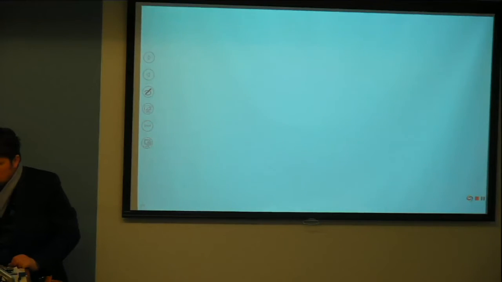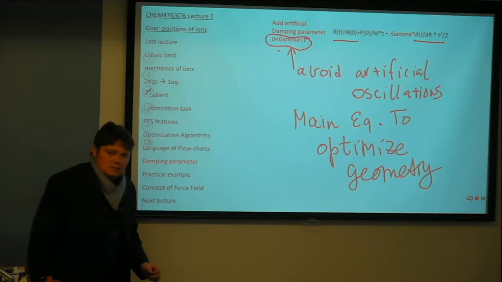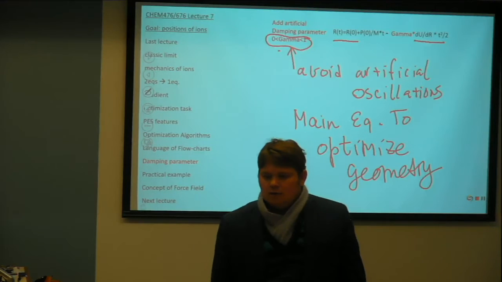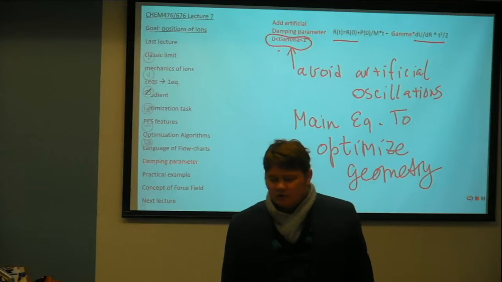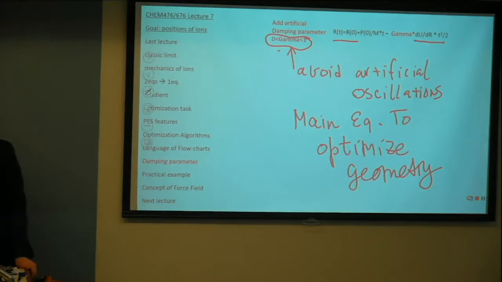Also, after adding the damping parameter, it will not reduce the time step, just pull back in the wrong direction. It prevents it from going in the wrong direction. It will stop before one goes too far.